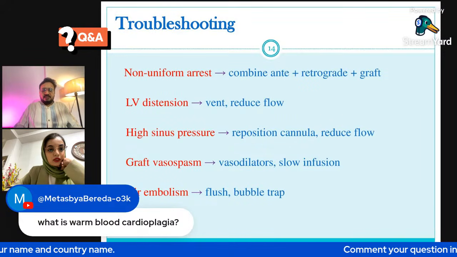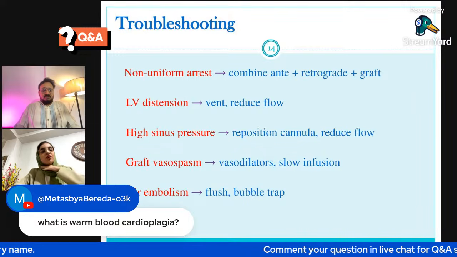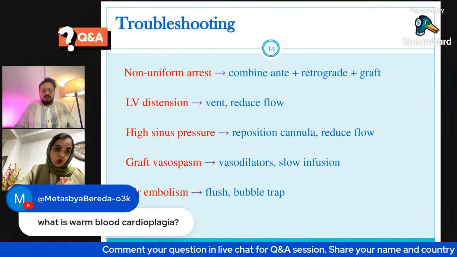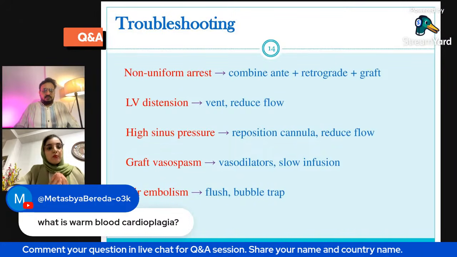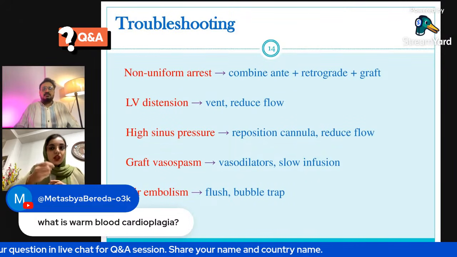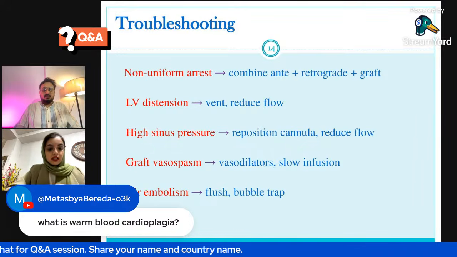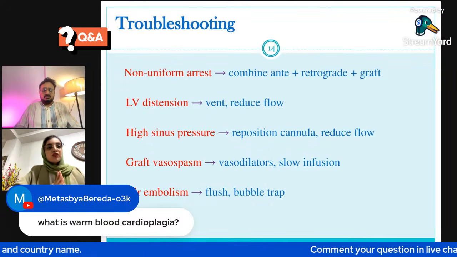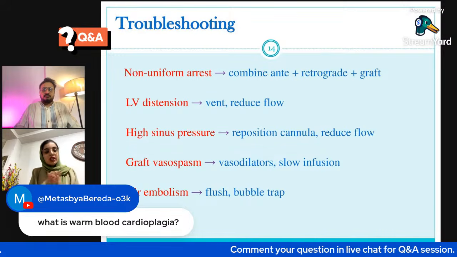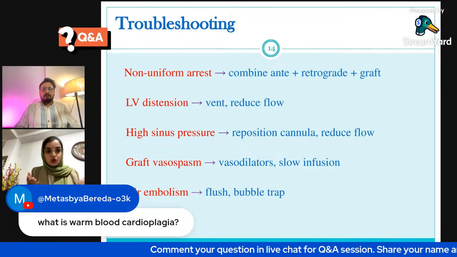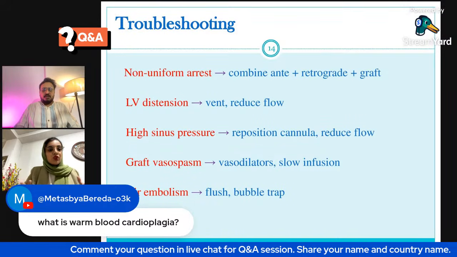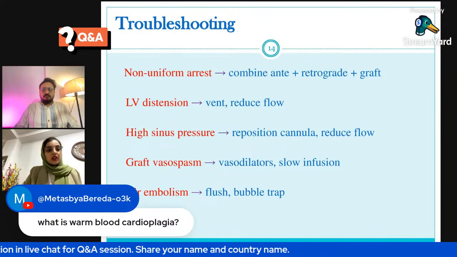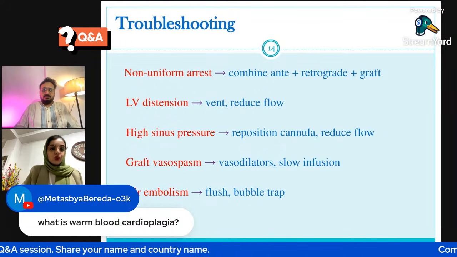As we discussed earlier, we can inject blood cardioplegia cold or warm, but choosing each one is related to the patient's condition and the type of surgery. For example, for lung surgery, we should inject cold blood, not warm blood. You should consider all the factors and choose warm or cold blood.